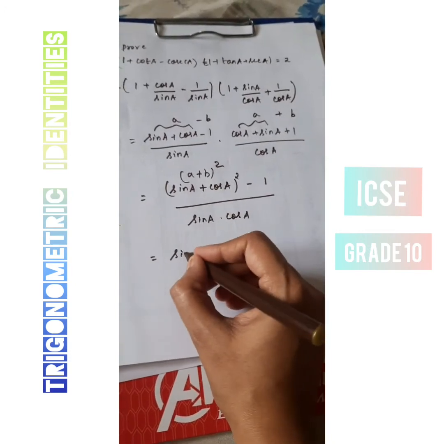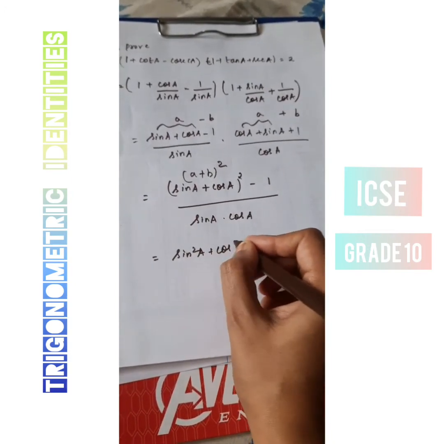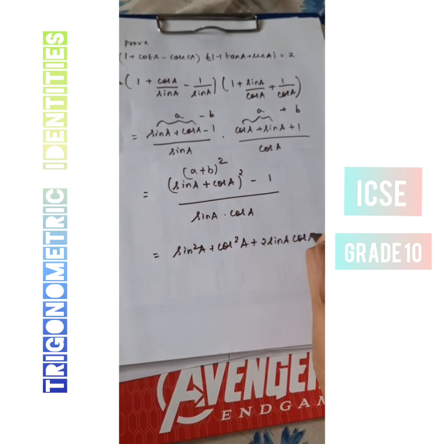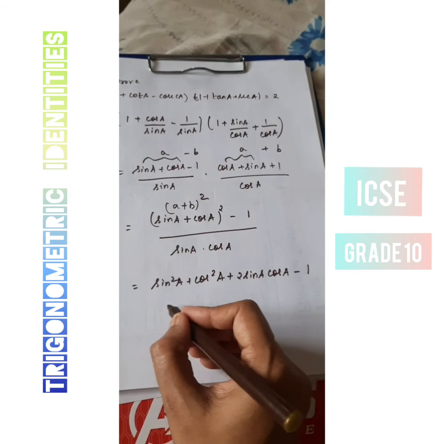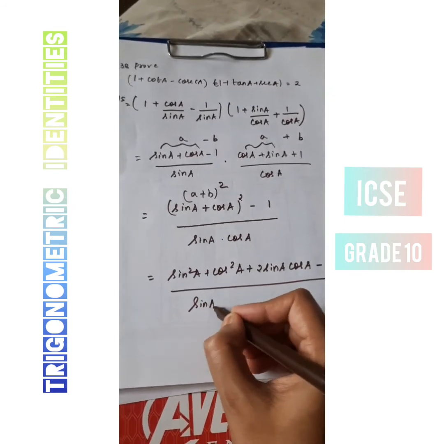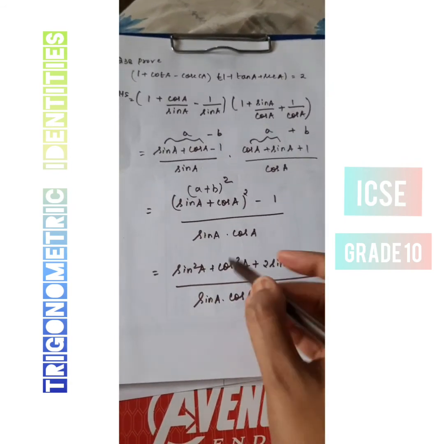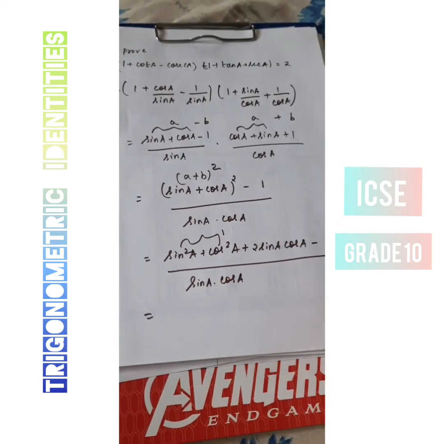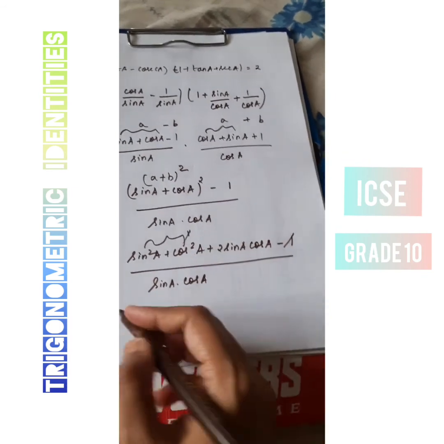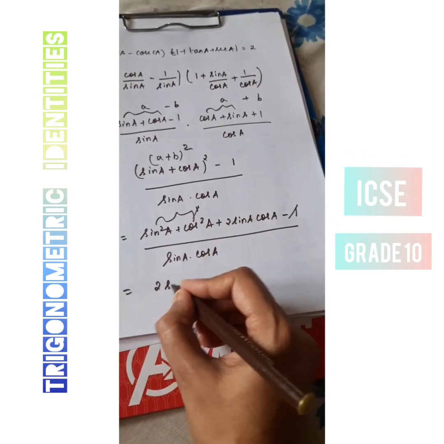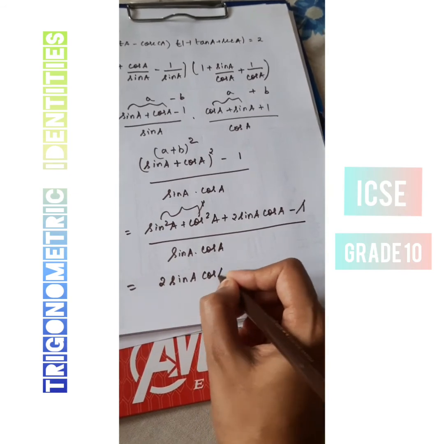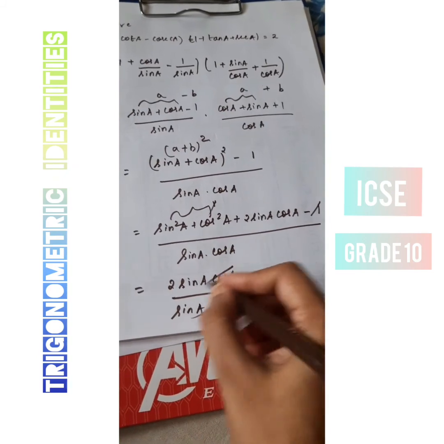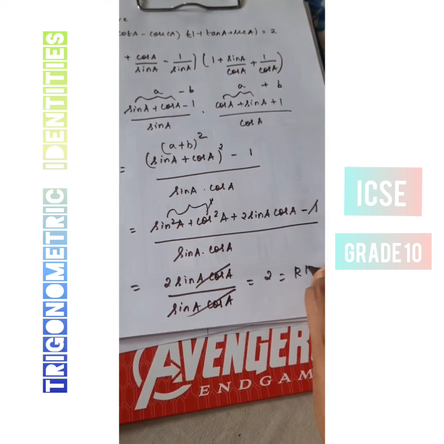So we need to expand it, sin square A plus cos square A plus 2 sin A cos A minus 1, which is already there in the numerator, by sin A into cos A. And we know the trigonometric identity sin square plus cos square is 1. So 1 and 1 goes off. So that's 2 sin A into cos A by sin A into cos A. So both goes off. The RHS is only 2.